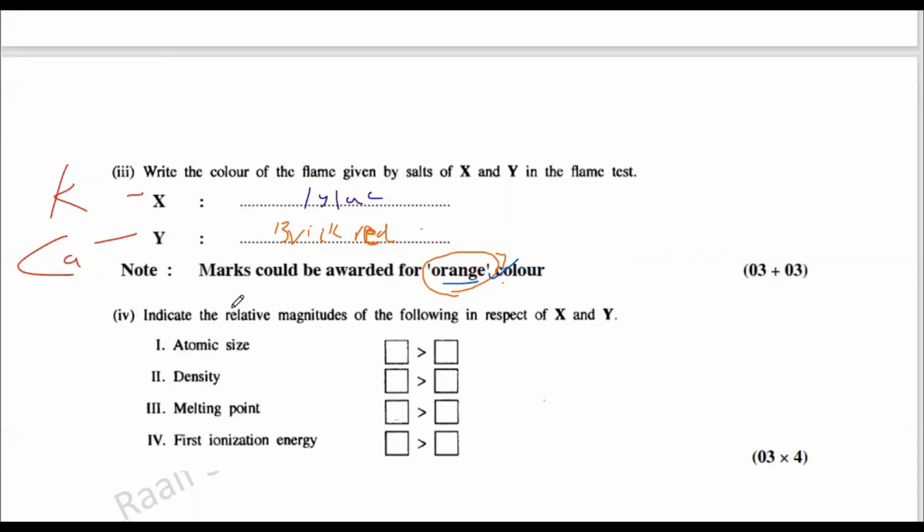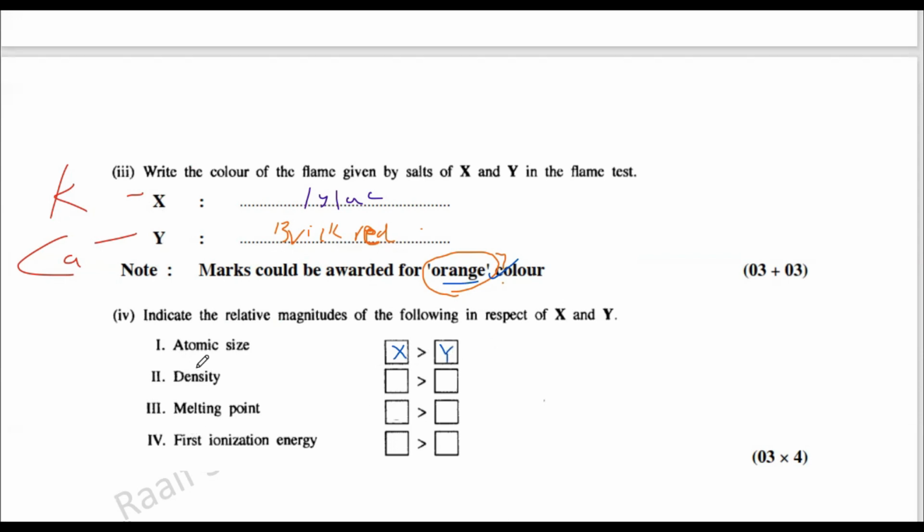Then you have to check what is actually happening when the periodicity of potassium and calcium is compared. Atomic size: potassium is group 1 and calcium is group 2, so group 1 is higher than group 2. Basically, X will be higher than Y here.